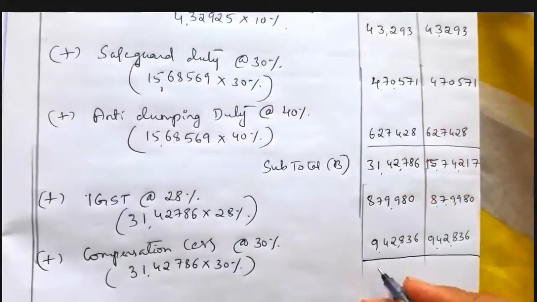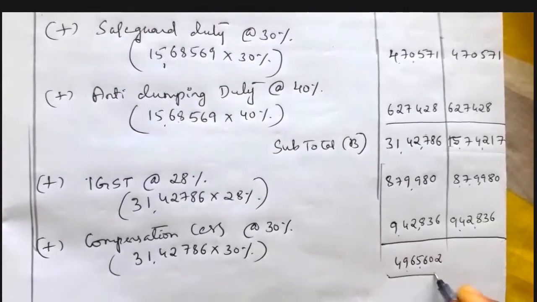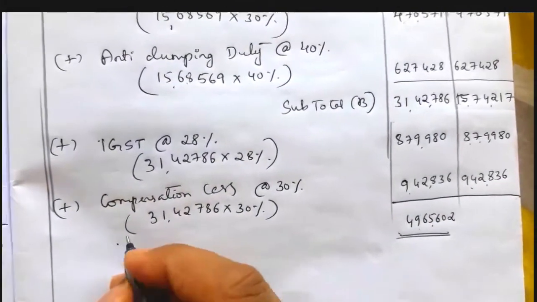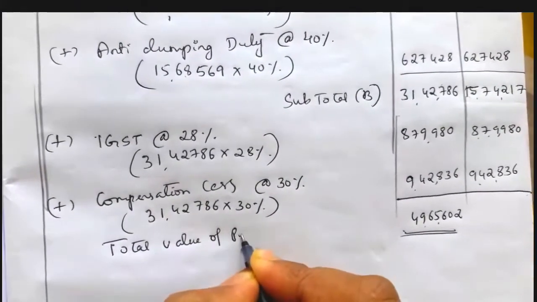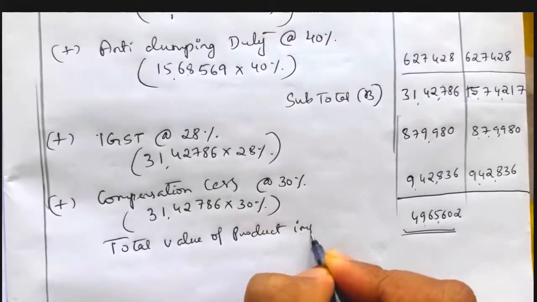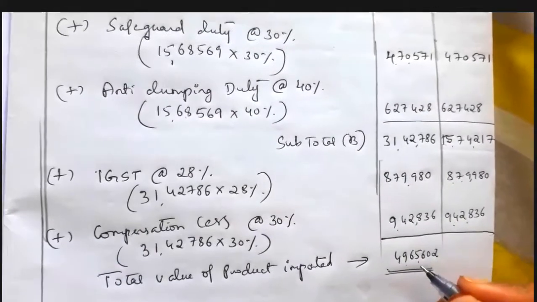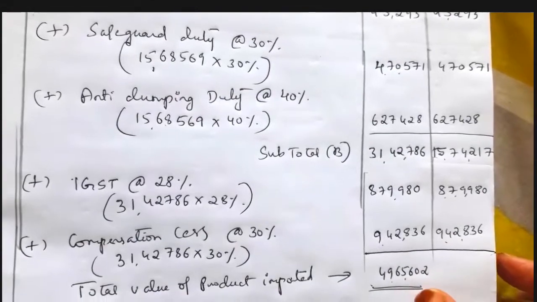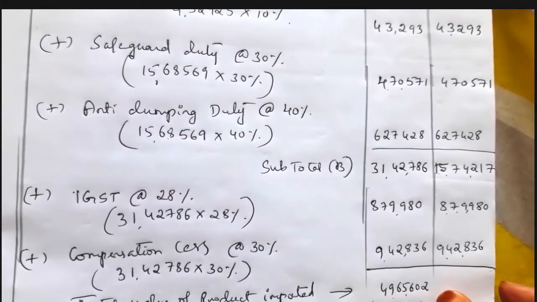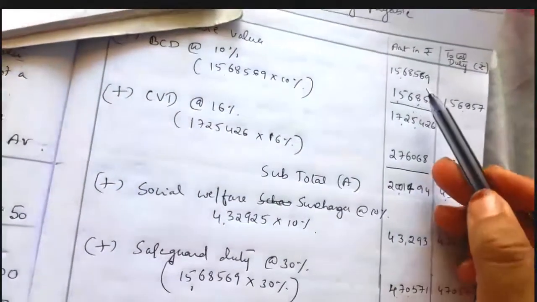So the first amount column total is equal to 49,65,602. This is the total value of the product imported, including the tax. The importer has to pay 49,65,602 in total for the assessable value of 15,68,569.